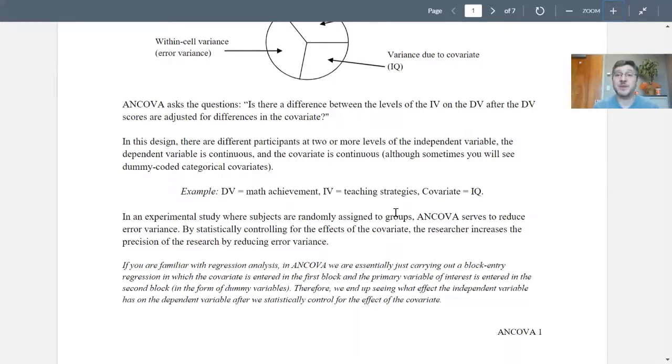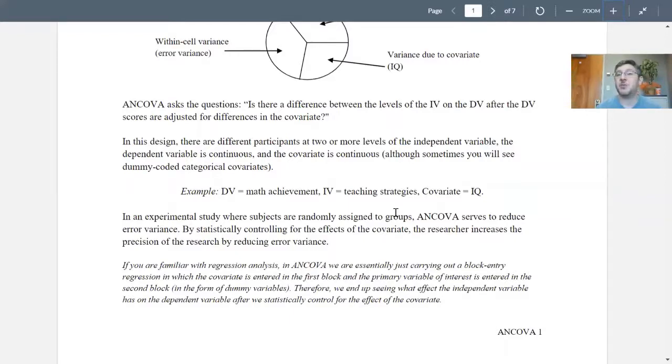We would typically expect students with higher IQs to have higher math achievement. So we might want to take intelligence into account in some way, and then see, controlling for intelligence, or if everybody was equal in their IQ, would we see differences between these different teaching strategies?